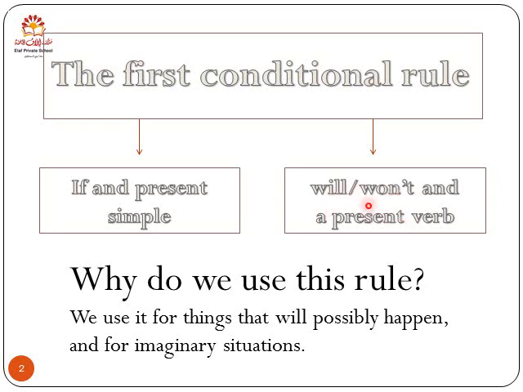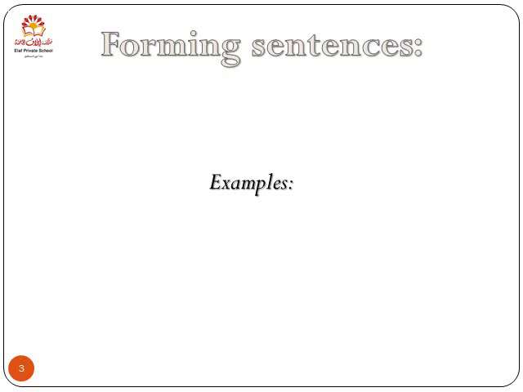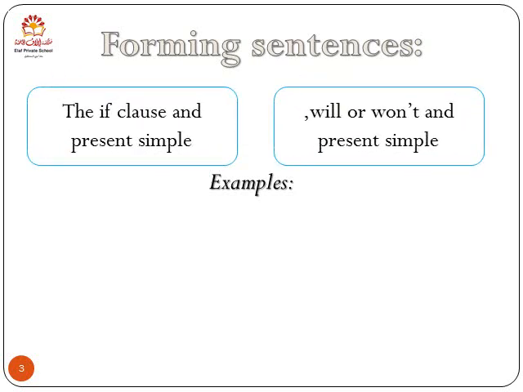Okay, I call this the main clause. Alright, if we want to form a sentence, we need two parts. The first part is the if clause, which is the first part of the sentence. Now the second part is will or won't and present simple.